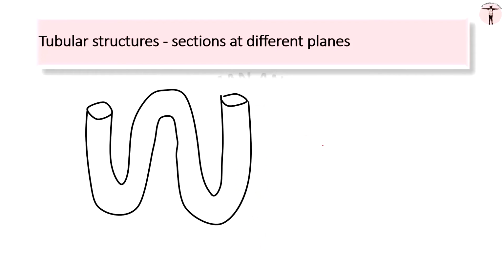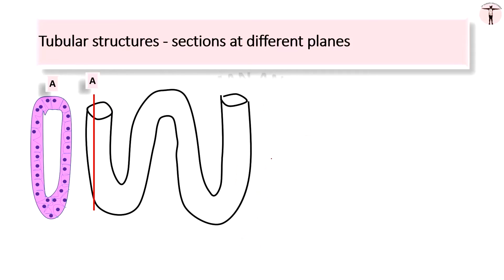So just to brush up the different cross sections to be observed in different planes of sections. That is the longitudinal section, where you can see an elongated lumen and the two elongated walls of the section, with the lining of the cells. The horizontal section passing through a single tube gives the single cross section with a round lumen inside.